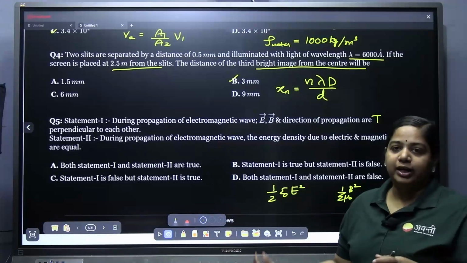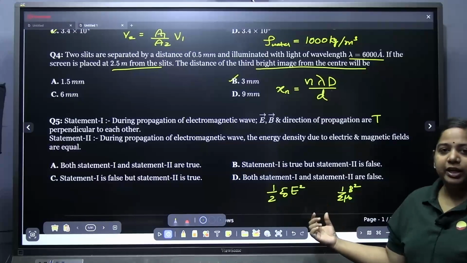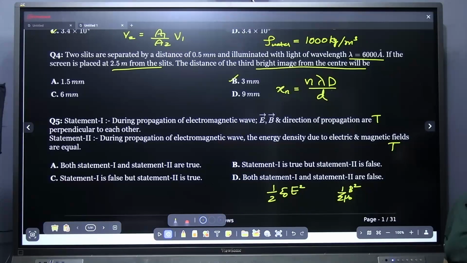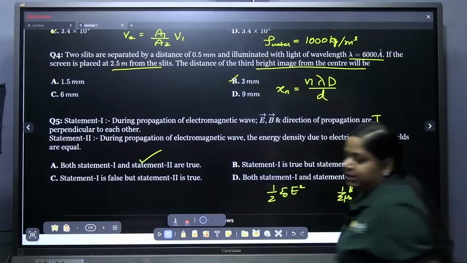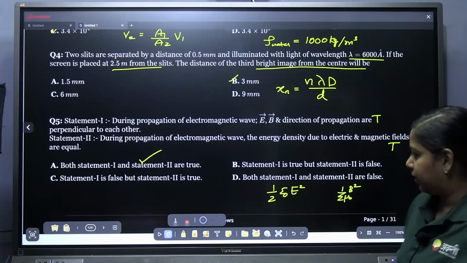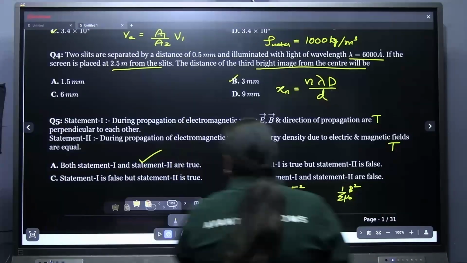So you can write this in terms of E also. Once you get that, you know that this second statement is also true. Both are equal. So option A is the answer. Statement 1 and statement 2 are true. Is there any doubt in this? Okay, then we can move to the next one.